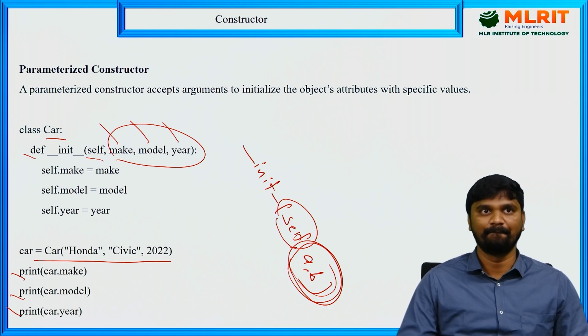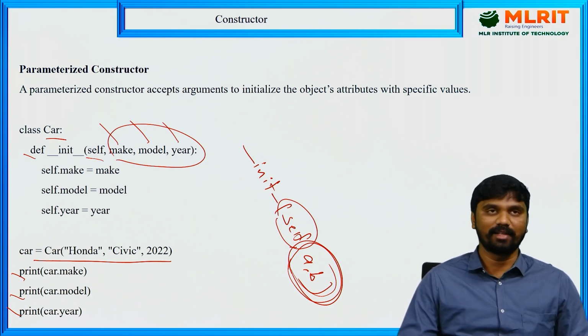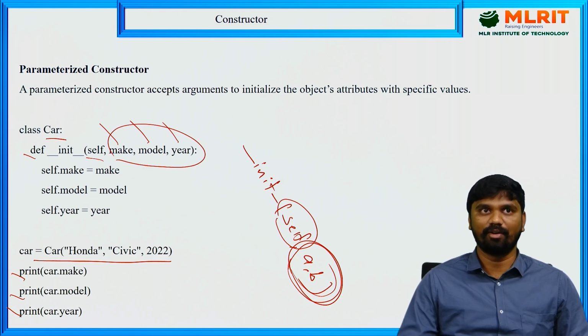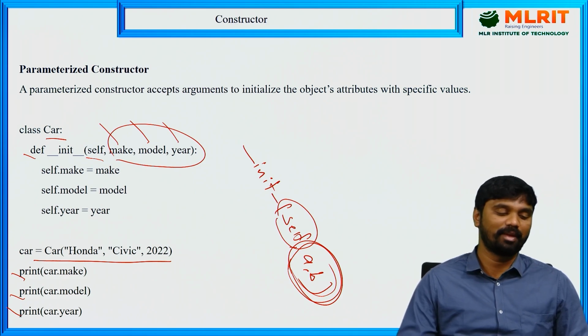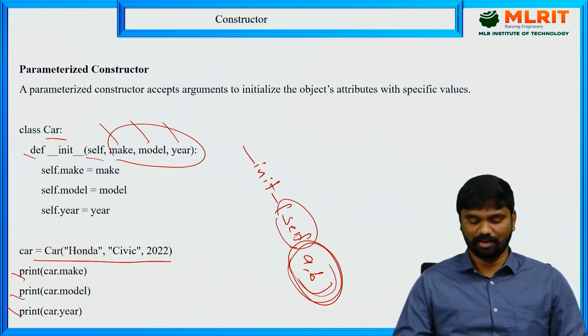We can say at runtime the self variable will be assigned the object's unique identity value. So that value will be assigned to the self variable at which time? At runtime. So this is one of the important statements, right?